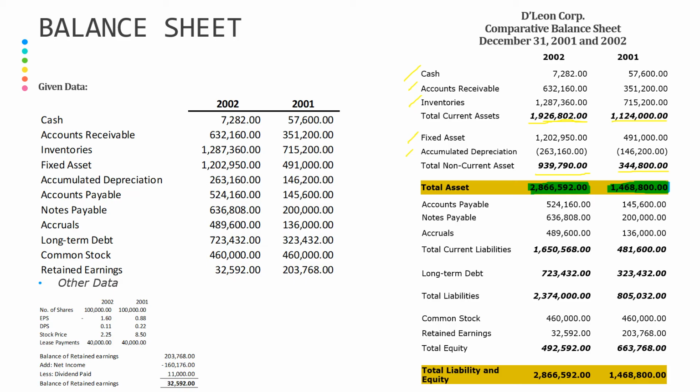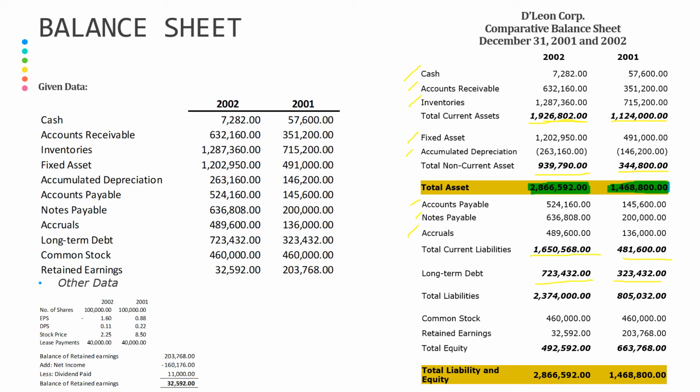Let's go to the liabilities and equity. For the liabilities, we have here the total current liabilities. We have the accounts payable, notes payable, and accrual. For the total current liabilities, we have a total of 1,650,568 and 481,600 for year 2001. Now we also have a long-term debt of 723,432 and 323,432.